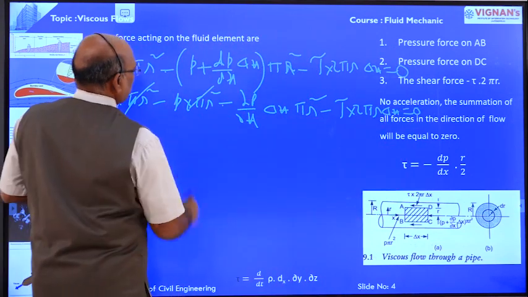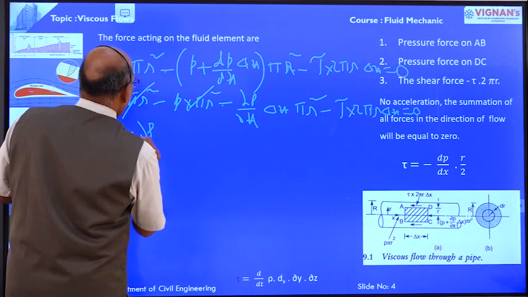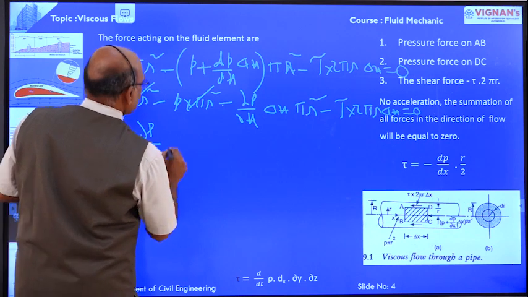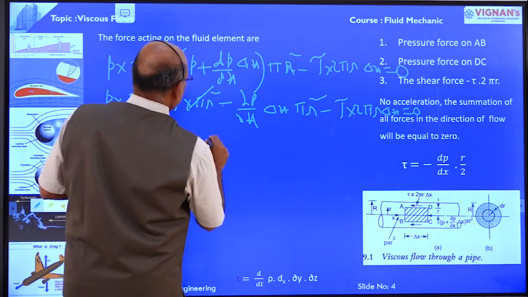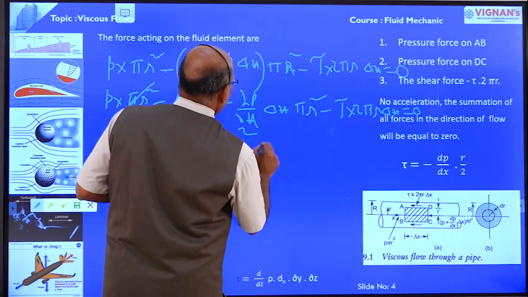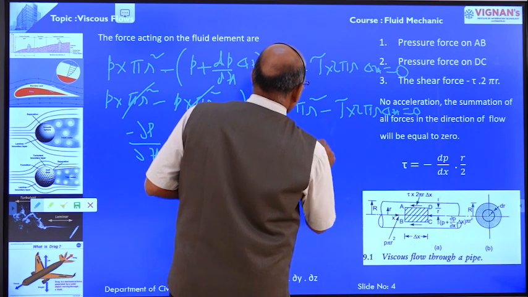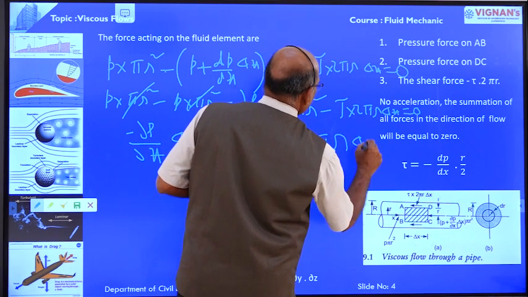Now this one gets cancelled. Therefore, minus dou p by dou x delta x pi r square is equal to tau into 2 pi r delta x, moving that to the other side.